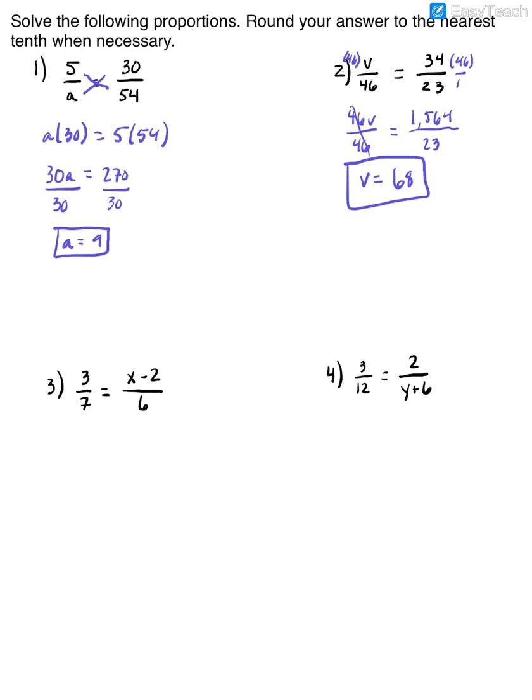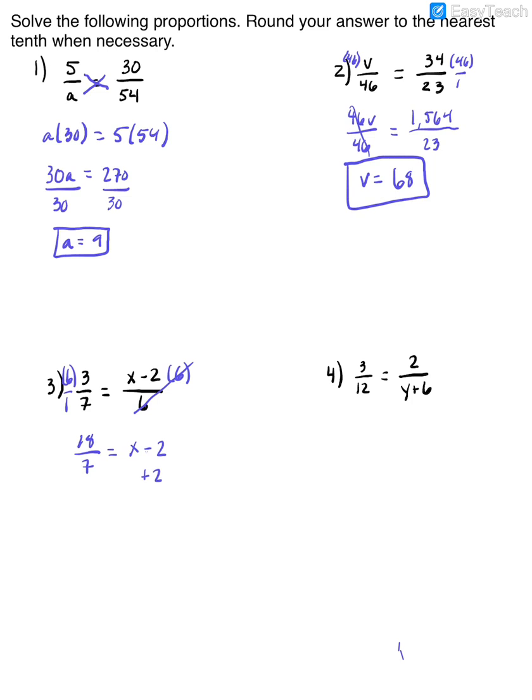So like 3, I could multiply both sides by 6. And then these cancel each other out on the right. 6 times 3 gives me 18. 1 times 7 is 7. And then I'm left with x minus 2 on the right.